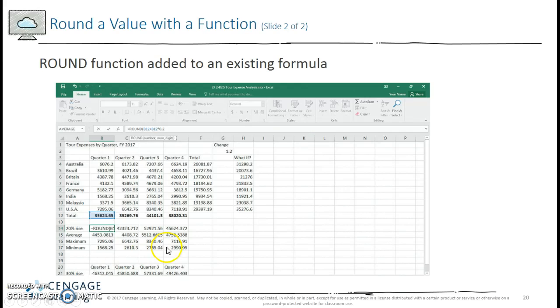If you take a look, here is where there is rounding. Equals ROUND, and then put in B12 plus B12 times 0.2. And if you notice also in this formula, it's 0.2. They're putting a 0 in front, but ROUND is how you would go ahead and round that.